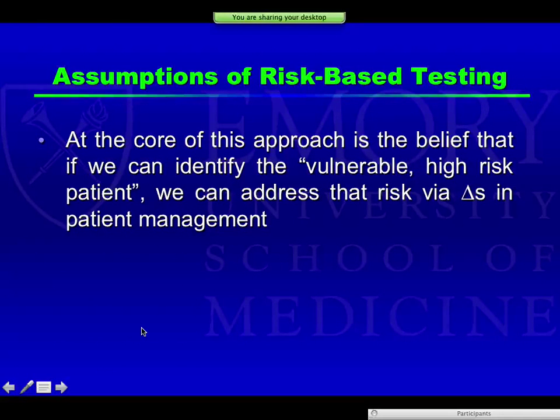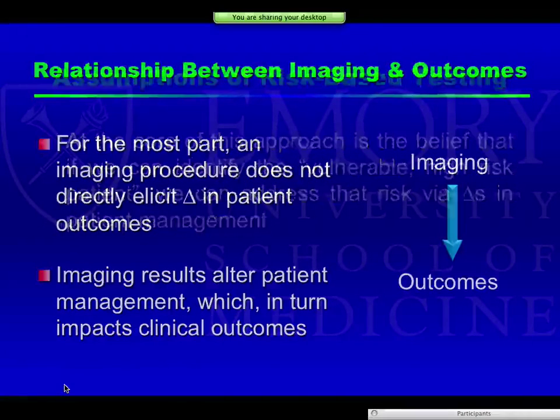So before we do that, we have to get through some additional concepts. If we're talking about risk-based testing, we're talking about doing this for risk-based management. A core of this approach is that we can identify the vulnerable patient and we can address that risk in the population, lowering that risk through changes in effective patient management.